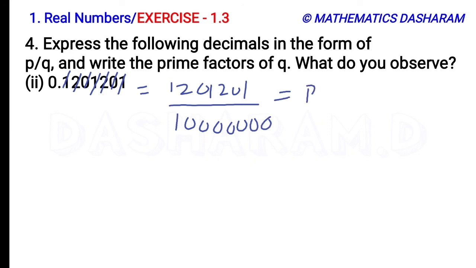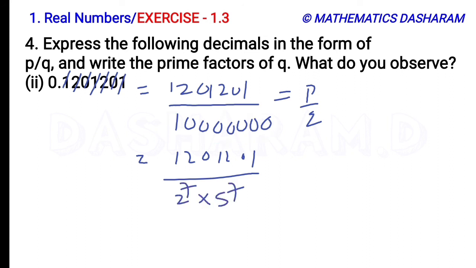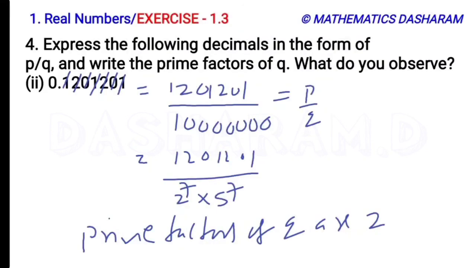Now it is a p by q form. Now 1201 divided by, so let's do factorization for this. 2 to the power of 7 into 5 to the power of 7. So here prime factors of q are 2 and 5, and it is a rational number.